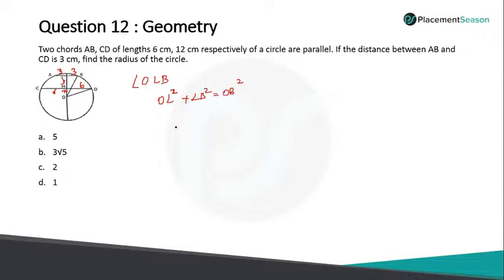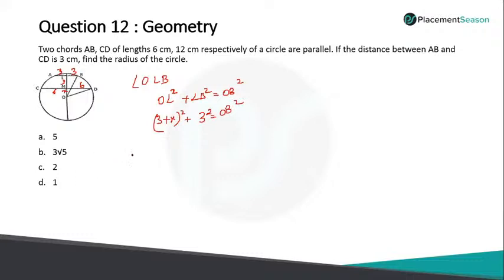Among which what do you know? You know OL. If OL is X and 3, it's nothing but X plus 3 or 3 plus X, whatever. So (3 plus X) the square, plus what is LB? LB is 3. 3 square is equal to OB square.